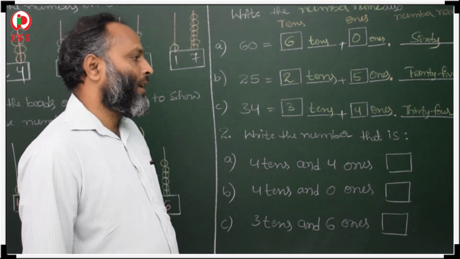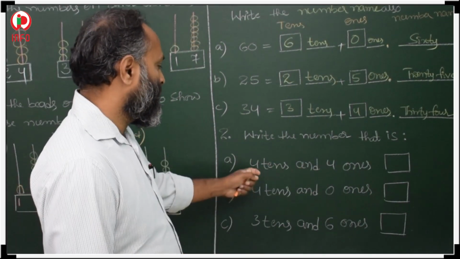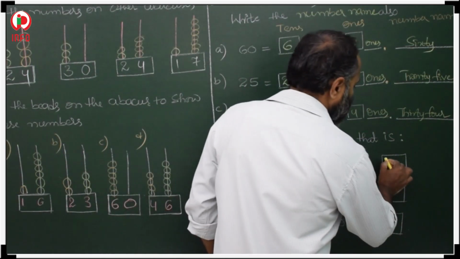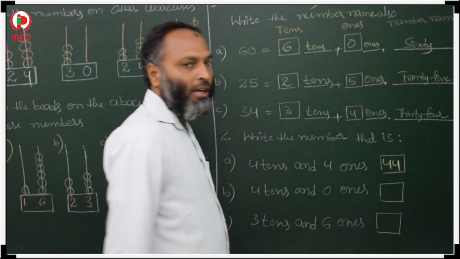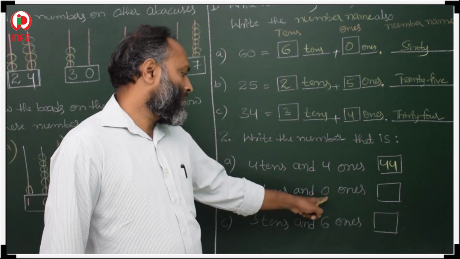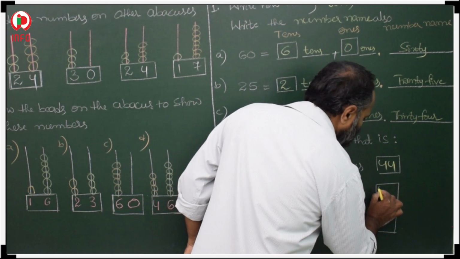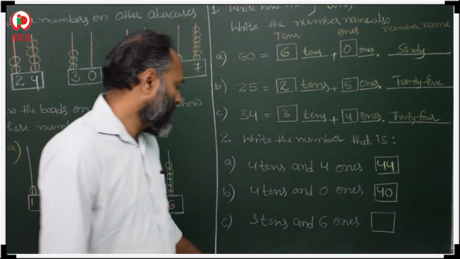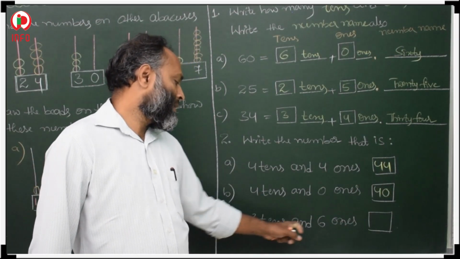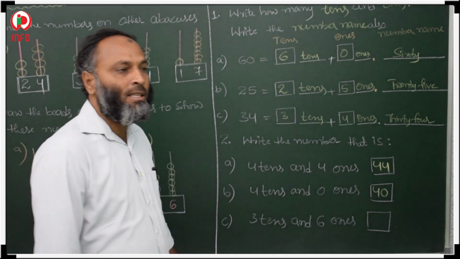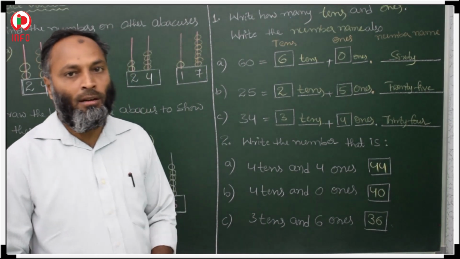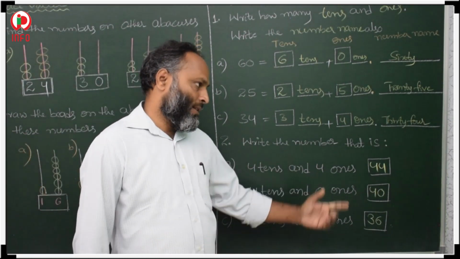Here we have to write number names. 4 tens and 4 ones, 44. 4 tens and 0 ones, 40. 3 tens and 6 ones, 36. In this way we have to write the number when tens and ones are given.